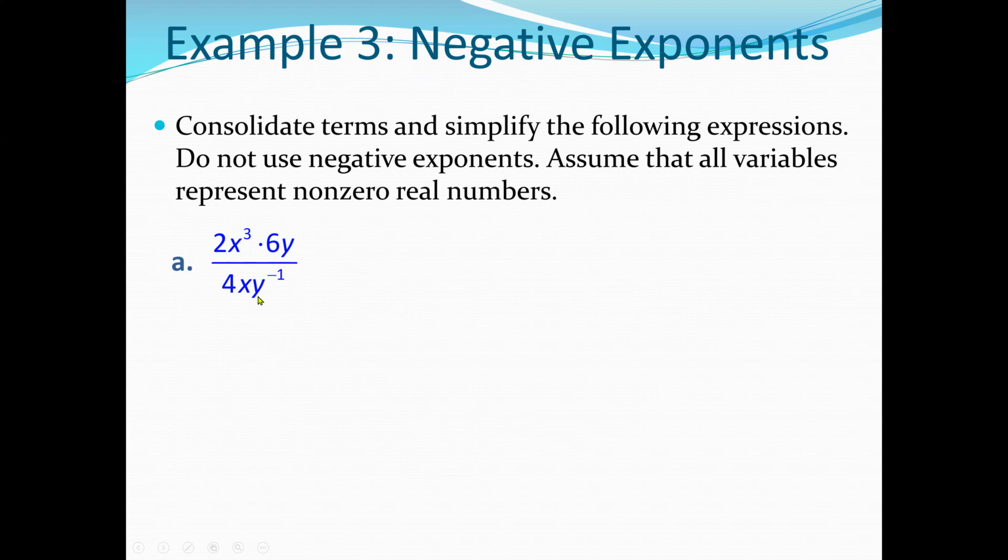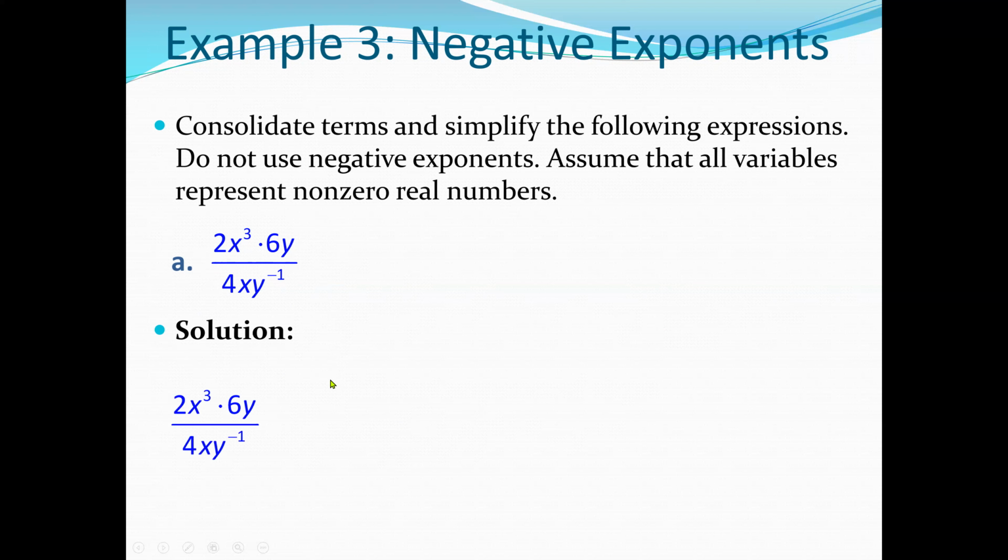So for x cubed and x, it will be 3 minus 1, so it will be left with only x squared at the top. Then here we have y, and here we have y to the power negative 1, so it will be 1 minus negative 1, so y will be squared. Then we can cancel, 2 can go into 4 two times. This is division, so we can cancel.